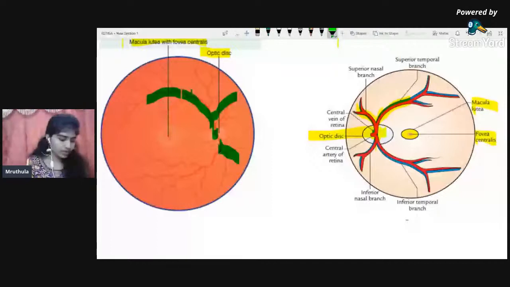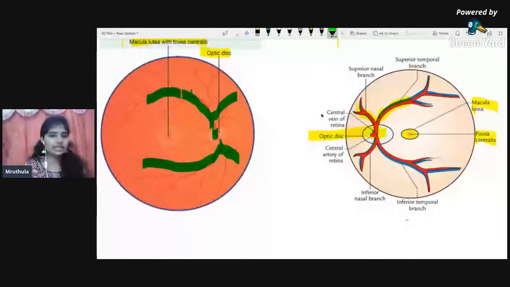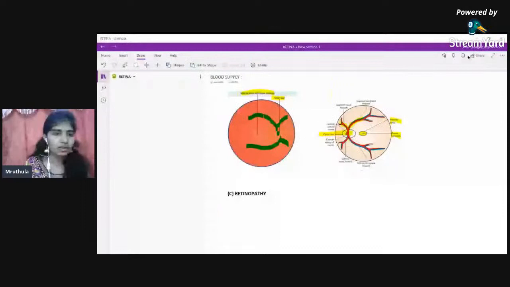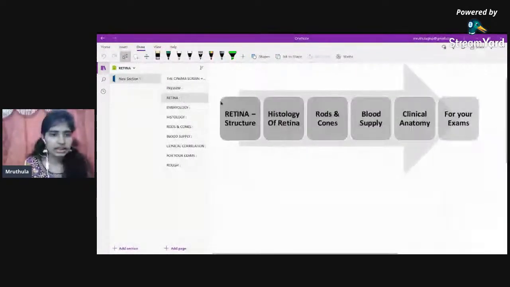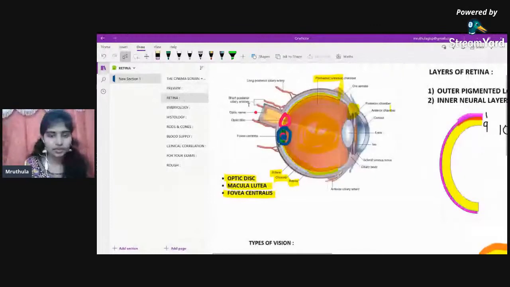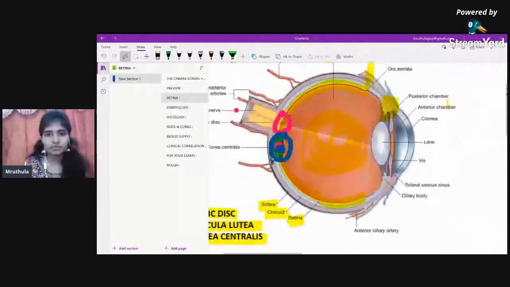Now this is supplying the inner 2/3 of the layers, right? Of the 10 layers, the inner 2/3 is supplied by the central retinal artery, that which we have talked about now. Now there's another supply for this retina. The outer 1/3 is supplied by this particular artery. You can see this in this picture.